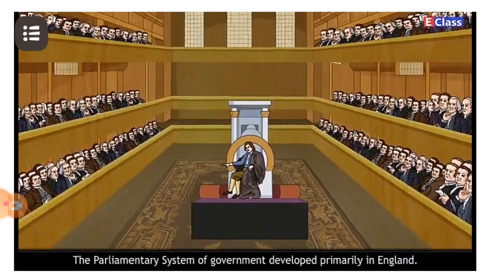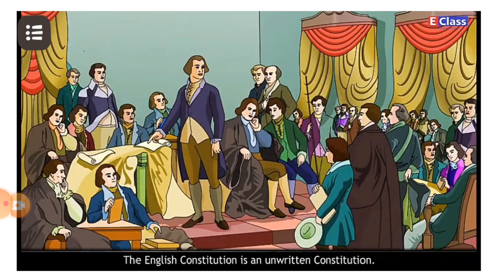The parliamentary system of government developed primarily in England. In England, the constitution is an unwritten constitution. My dear students, unwritten constitution means the constitution which is not recorded in a book.